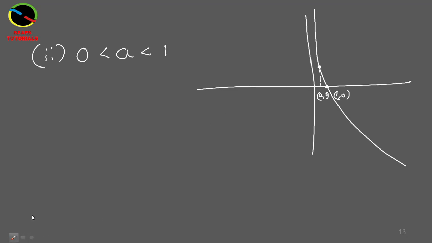I'll just immediately mark down the red color graph, which is very important to discuss among the four inequalities. So this is the red color graph. First let us discuss the remaining things.